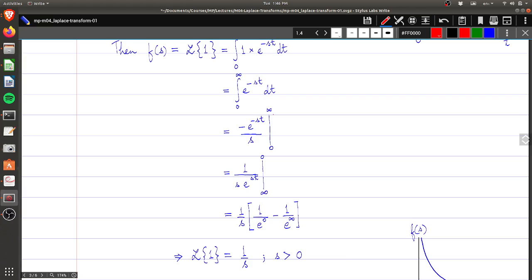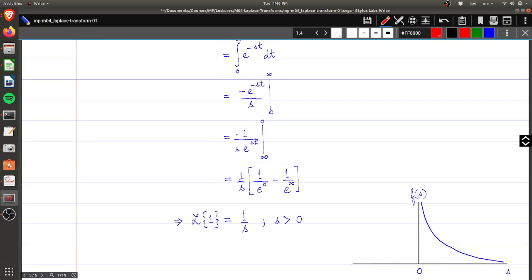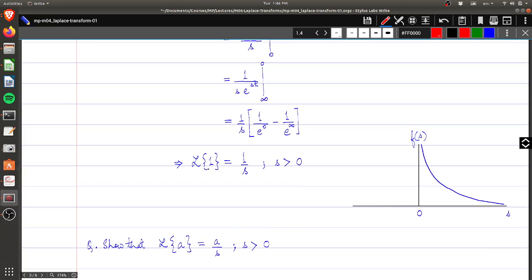So I put the 0 up above and infinity below, and we get 1 by s. I can take 1 by s common, and then the upper limit is 0, so we have 1 by e to the power 0 minus 1 by e to the power infinity. This is going to give us 1 by infinity, which will be 0, and 1 by e to the power 0 is 1 by 1, so we'll get 1 here. As a result, the Laplace transform of 1 is equal to 1 by s.